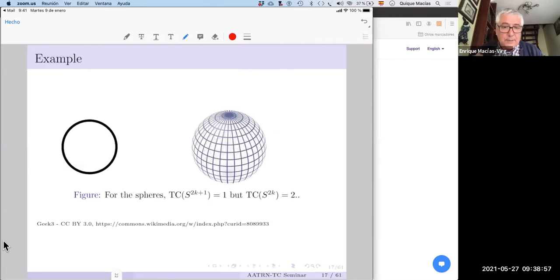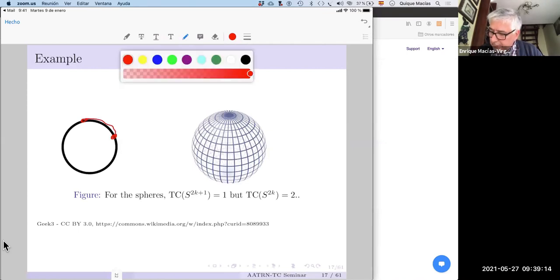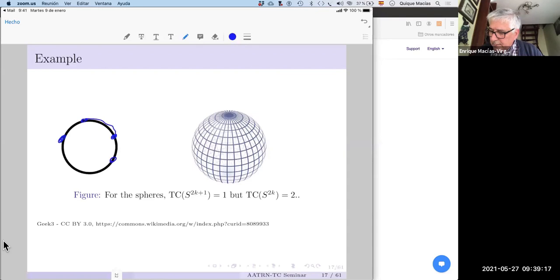So for instance, in the spheres, if you have a sphere of odd dimension, the topological complexity is 1, because in order to move from one point to another point, you take the shortest path. You only have problems with the antipodal points, but then you use that in the sphere you have a vector field without singularities, which shows you the good path to come from one point to another. So you only need two open sets.